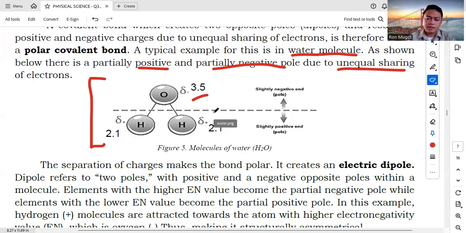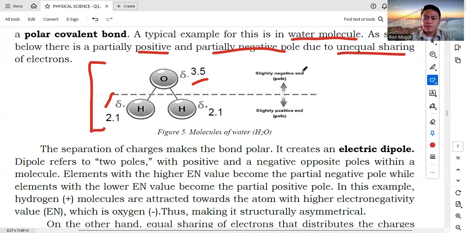If the EN value is lower, it should be partially positive. So this pole is slightly negative, and this one is slightly positive pole. So now, the separation of charges makes the bond polar. Then it creates an electric dipole.